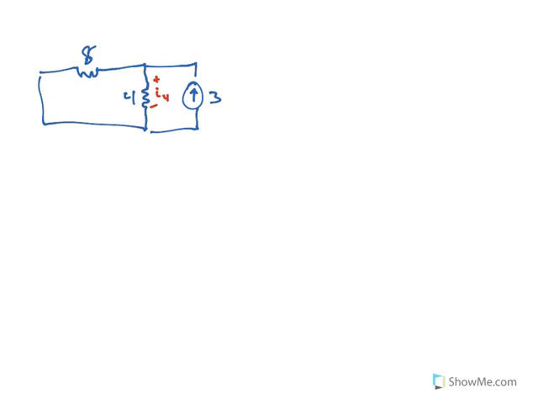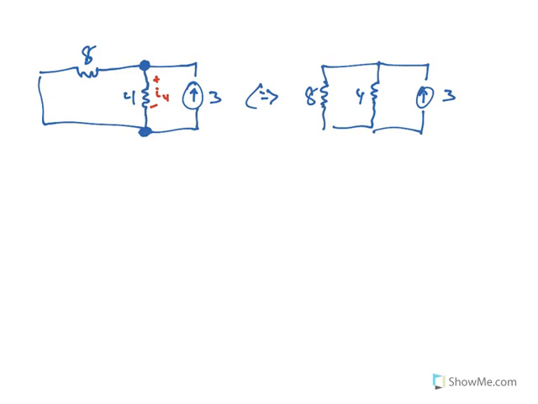Well, first note that the 4 and the 8 are in parallel. Of course, they share this node and this node in common. In fact, if I were to redraw it, it would look like this. These are the same circuits.